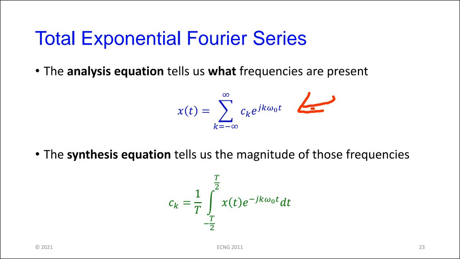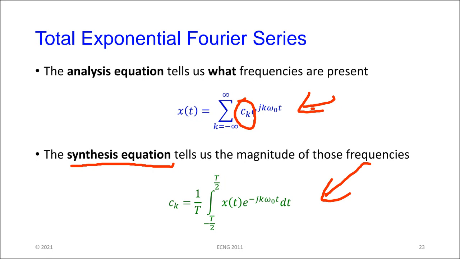The synthesis equation, which is the other part, and that is CK here, tells you how much of each. So back to the same recipe, this is going to tell you a teaspoon of salt, a tablespoon of this, a half pound of that. So they both work together.